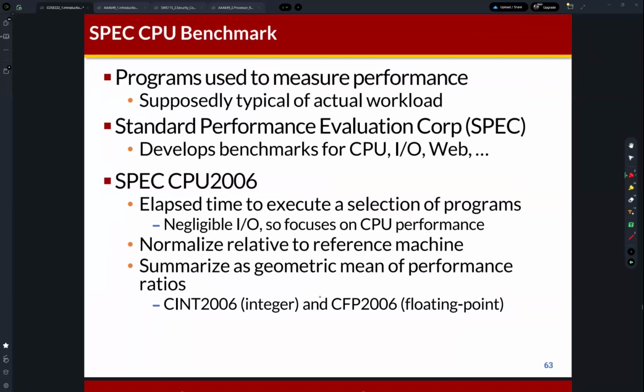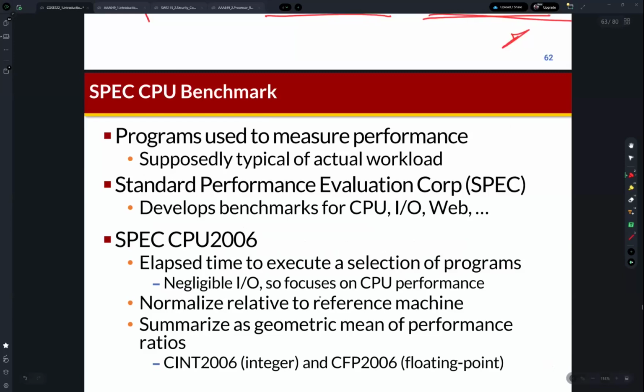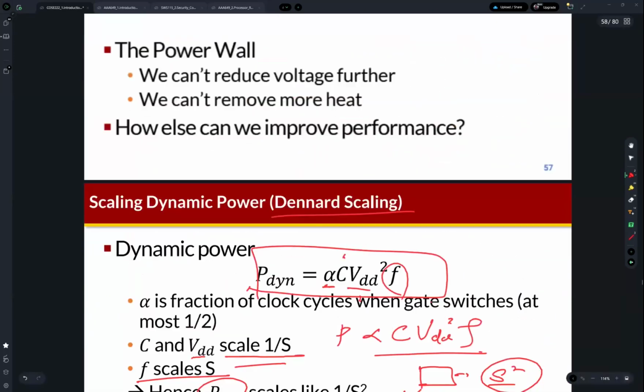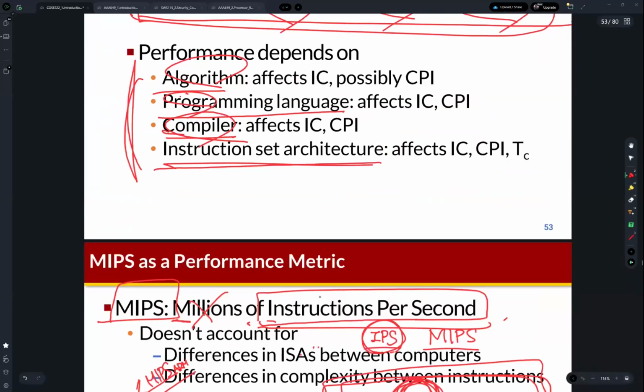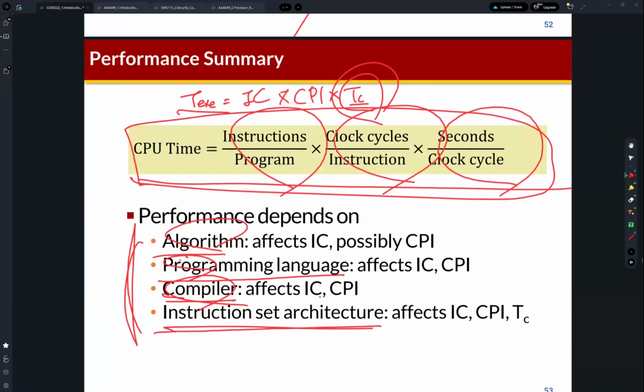And I will briefly explain about the benchmark. So we want to compare the performance of a computer system. So in the previous class, we learned you can measure the CPU time, the response time.